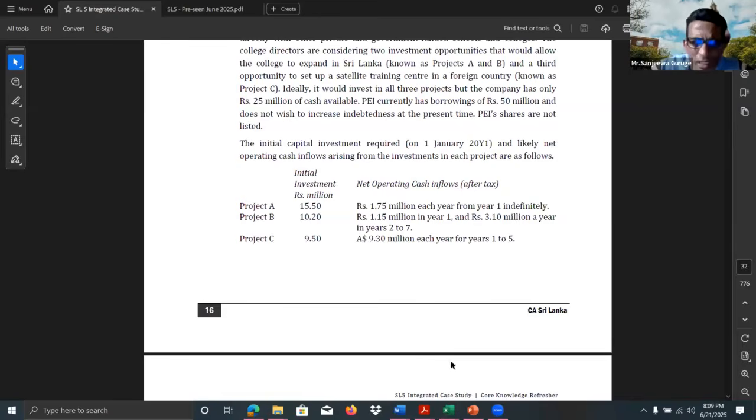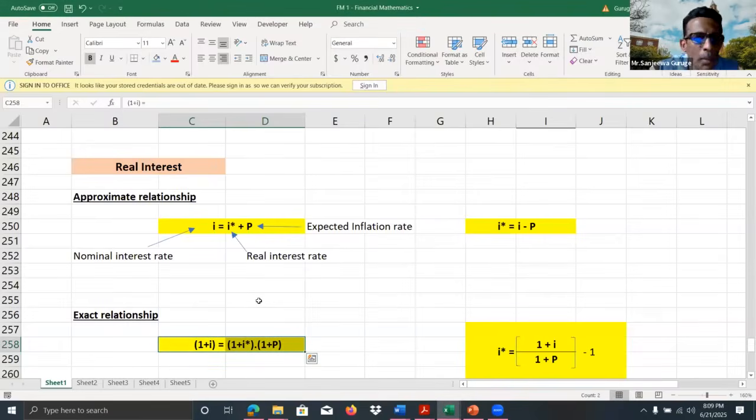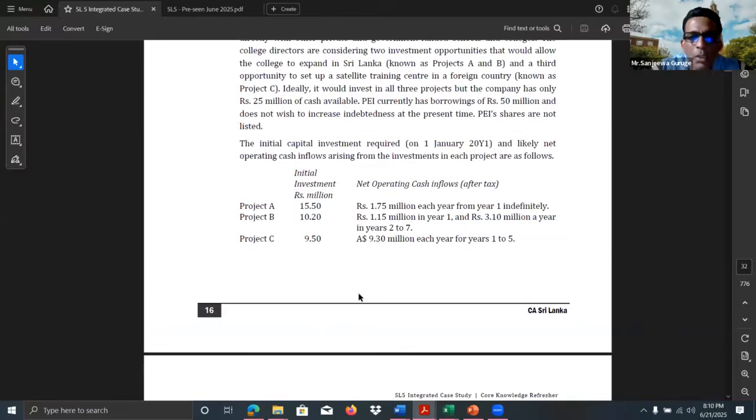Fisher formula, that's not a difficult one. So this Fisher formula is important especially when there is some information relating to investment in some other countries, right? This will be useful especially to adjust the discount rate when different currencies are involved.